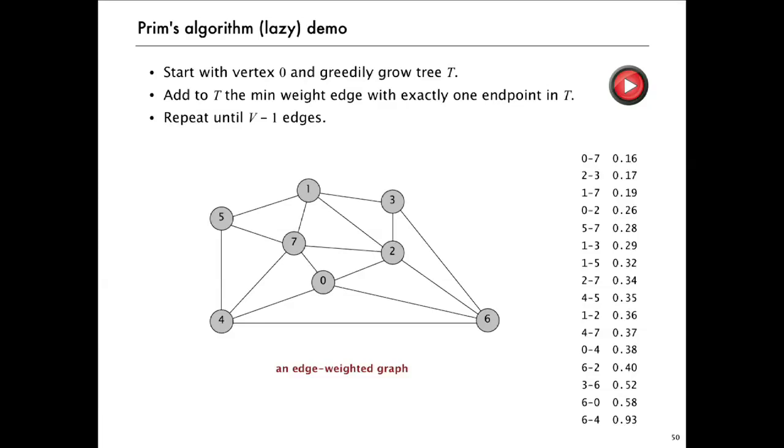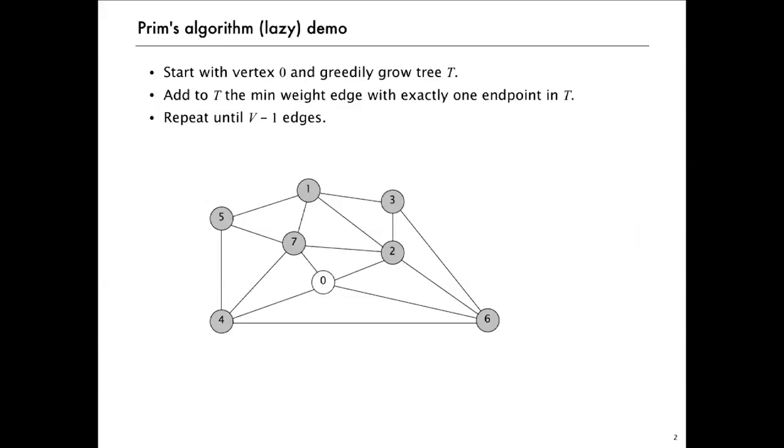So let's take a demo of that. What we're going to do is start with a vertex and greedily grow the tree, add to T the min weight edge with exactly one endpoint in the tree. That's Prim's algorithm. But now we're going to show the data structure, the priority queue that allows us to do this by keeping all the edges that we know about that possibly could be that edge on a priority queue. So let's look at what happens for our sample graph.